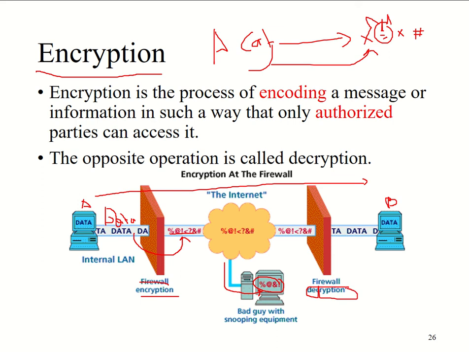He's the only one who can decrypt this information. He has a key. When computer A encrypts the message, B knows exactly the key, so it comes as symbols. He decrypts it, and it comes as the same word, data. So B can read the data. In this way, even if the channel is not secure, we keep the confidentiality of the data. If someone sees the message, he will not be able to understand the content because it's encrypted.